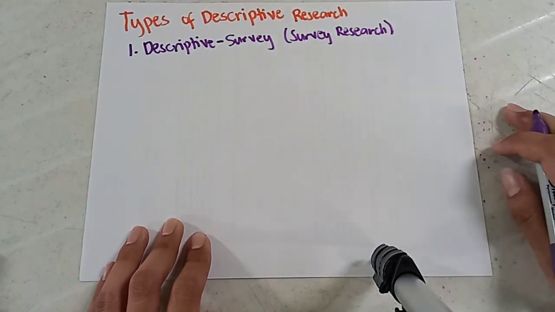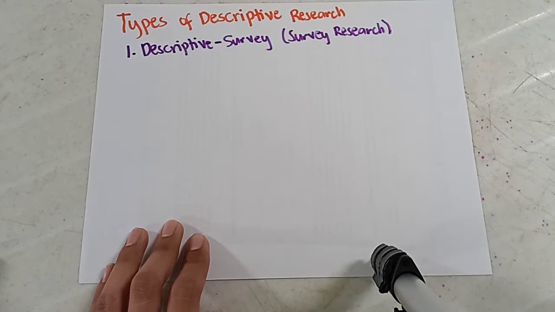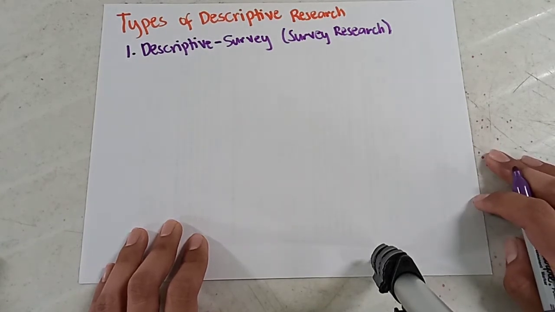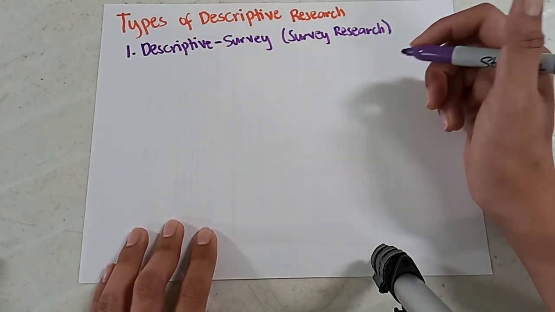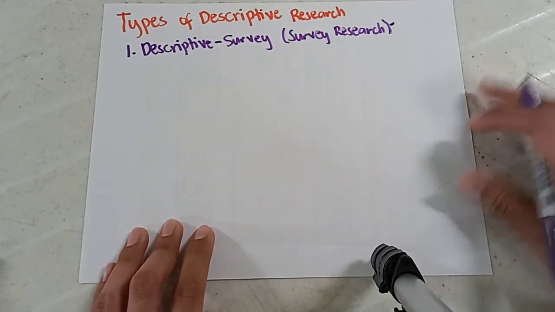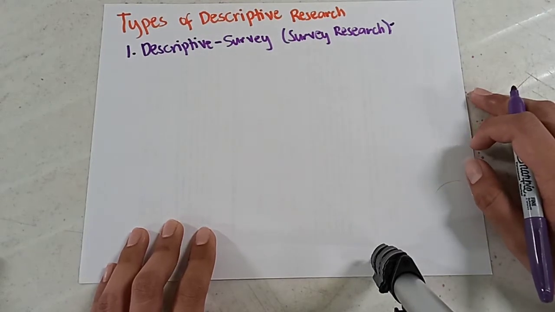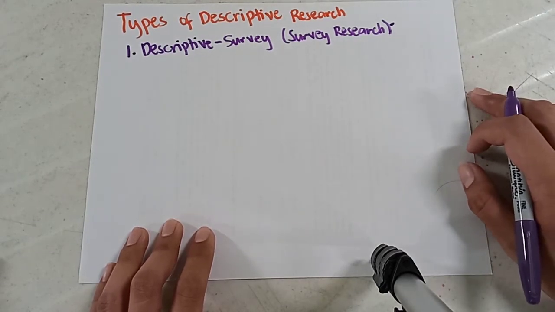So, that is the first type. Descriptive survey aims to know the extent to which the different conditions can be obtained or applied to the subject. I will not discuss it further because in our next video presentation, we will be discussing the survey research as presented in your Grade 8 module.